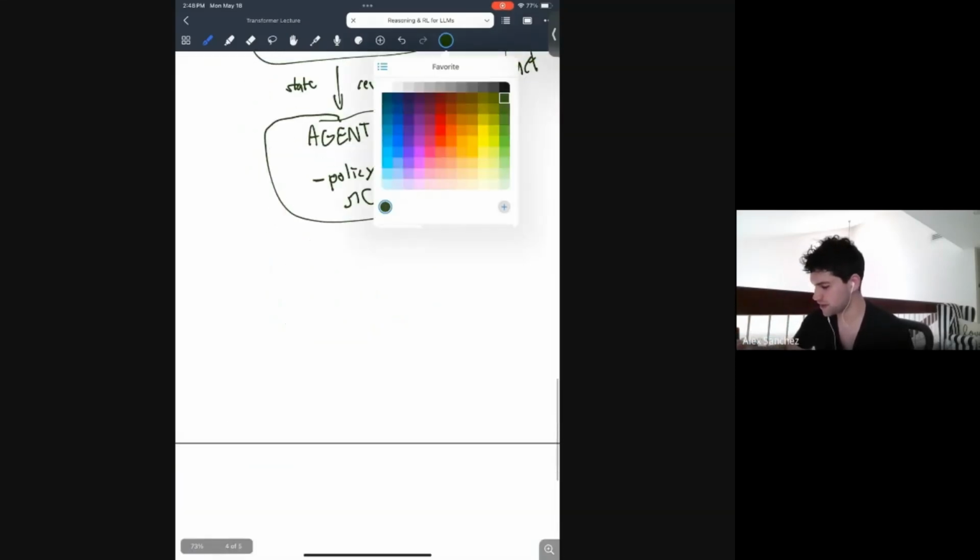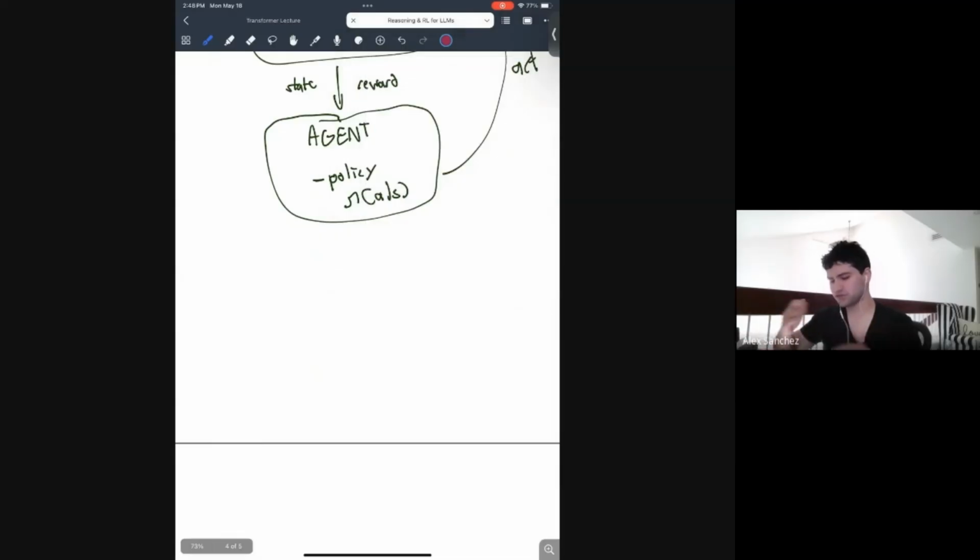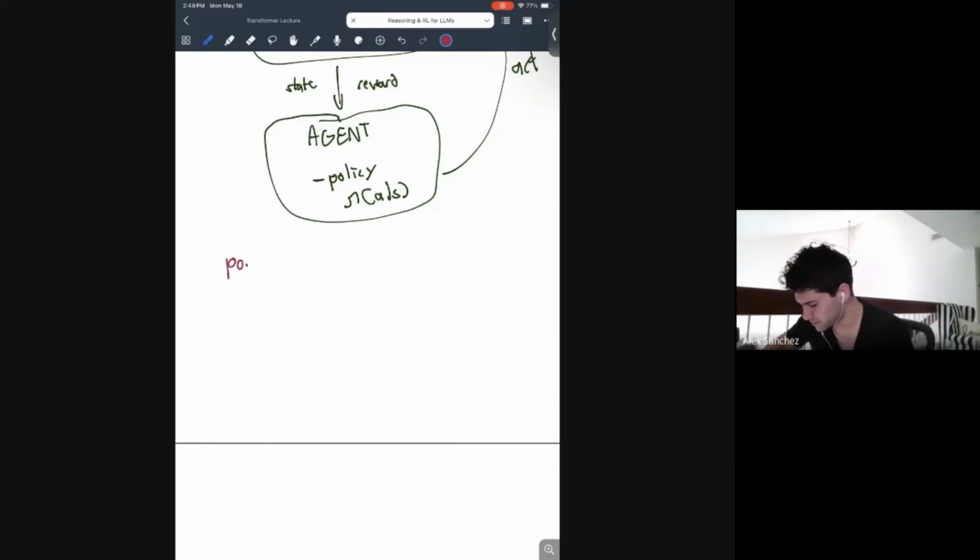Let's grapple back into how this applies to reinforcement learning from human feedback, how this applies for LLMs. We have our policy. This is the same as our LLM. Let's think about this in a reinforcement learning context. We have our input, so let's say the prompt.